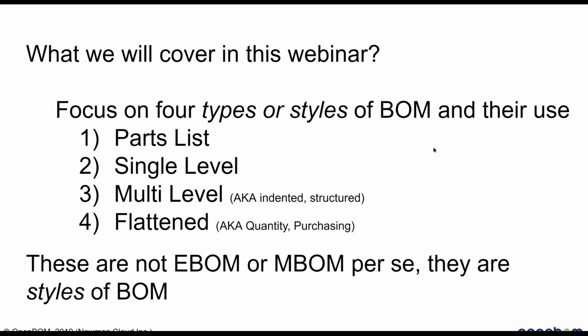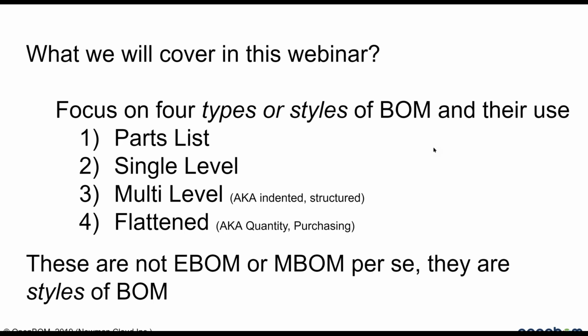They are, as you see, parts list, single, multi-level, and flattened. The first 2 we're probably familiar with, although we're going to dive into them a little deeper. Multi-level is often called indented or structured, and tends to follow an organized indented format, which we'll look at.